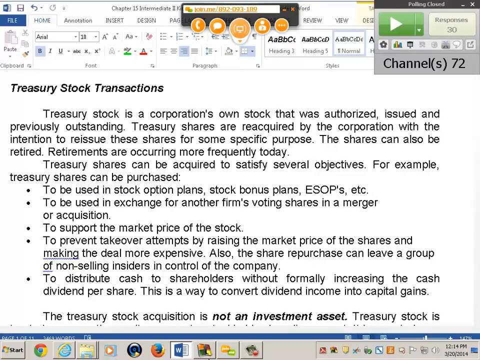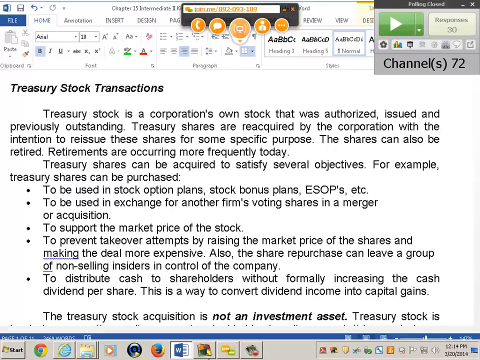Now, if you use treasury stock to distribute cash, you sell your stock, you've got cash. If you don't sell your stock, what happens? How do you benefit? Market price goes up. The shares you hold are now worth more. So these buyback plans are definitely valuable to shareholders.